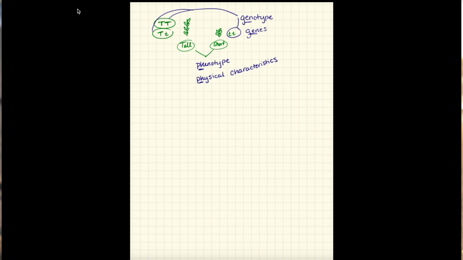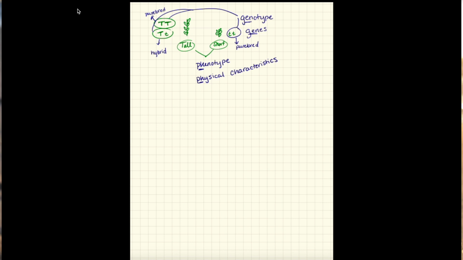Anything that has 2 of the same is purebred. So this is purebred. Over here, this one's purebred. And then this one, since it has 2 that don't necessarily match, is hybrid.